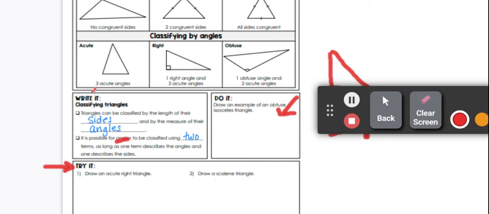Okay. So an acute right triangle would be classifying by angles twice, acute and right. And in that case, it is not going to be possible. Let's dig into that a little bit. If we think about an acute triangle, we might say this is an example of an acute triangle.